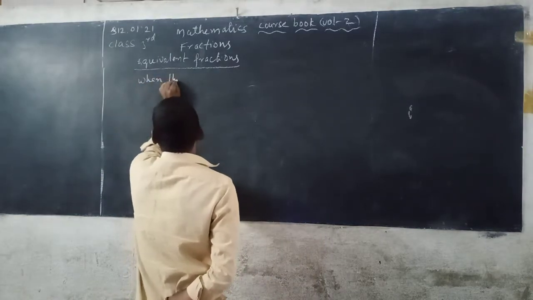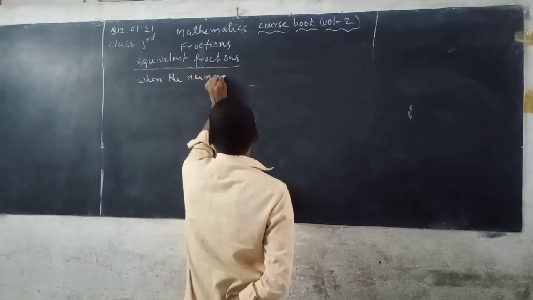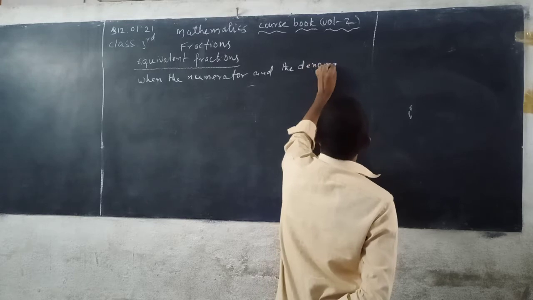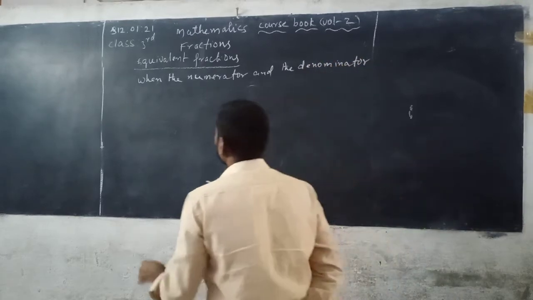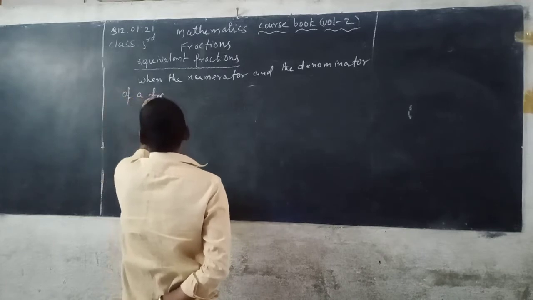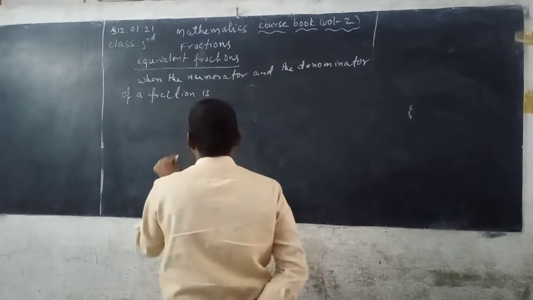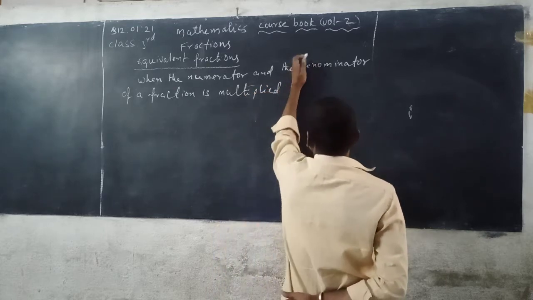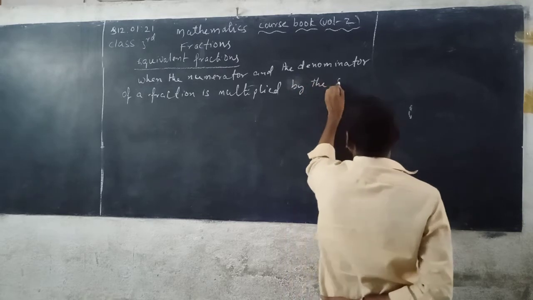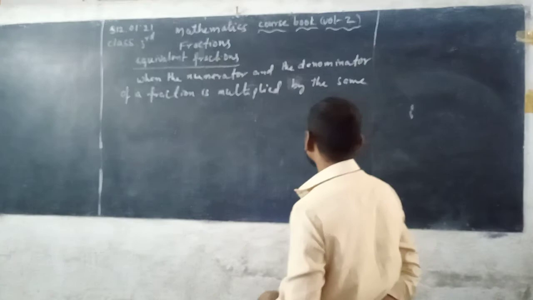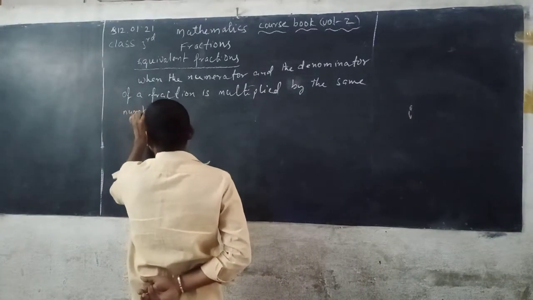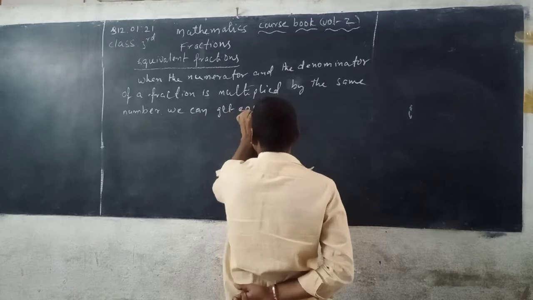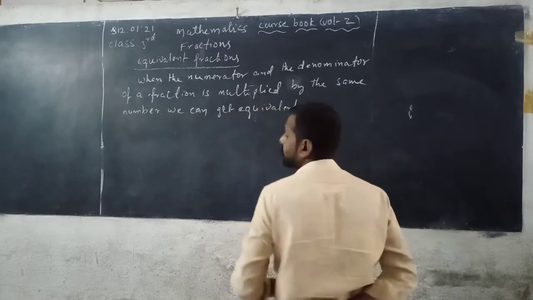When the numerator and the denominator of a fraction is multiplied by the same number, you can get equivalent fractions.